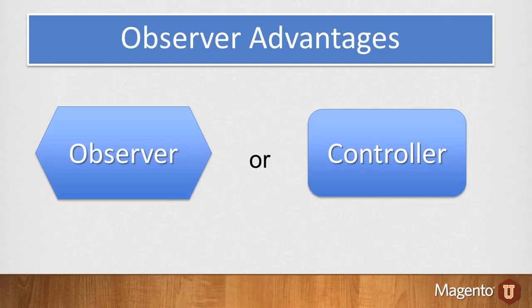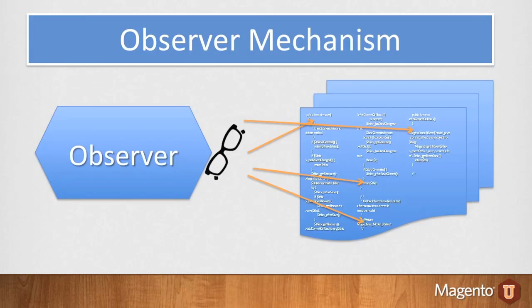In this course, we'll add another tool for your development toolbox, the Event Observer mechanism. You may find this approach more efficient. In a nutshell, at strategic points in the system code, Magento checks whether an observer is registered. We refer to these places in the code as events. The Event Observer mechanism allows us to watch for events and invoke our code when the event occurs.